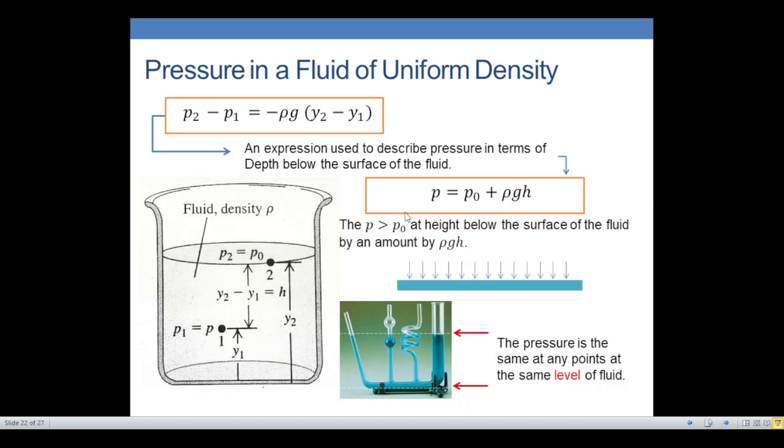Meaning the pressure at a particular height below the surface of the fluid is always greater than the pressure at the top, at the surface of the fluid.